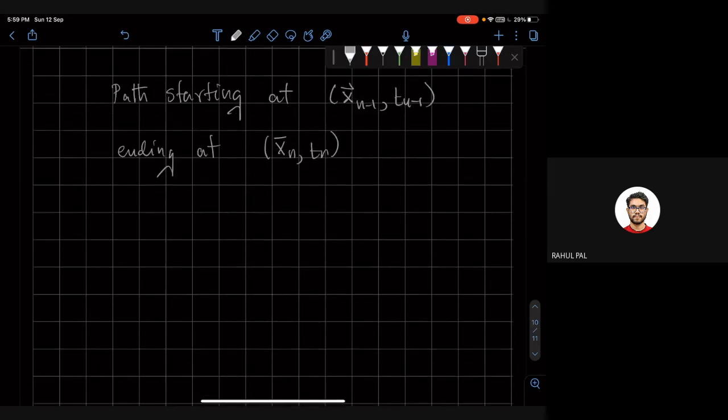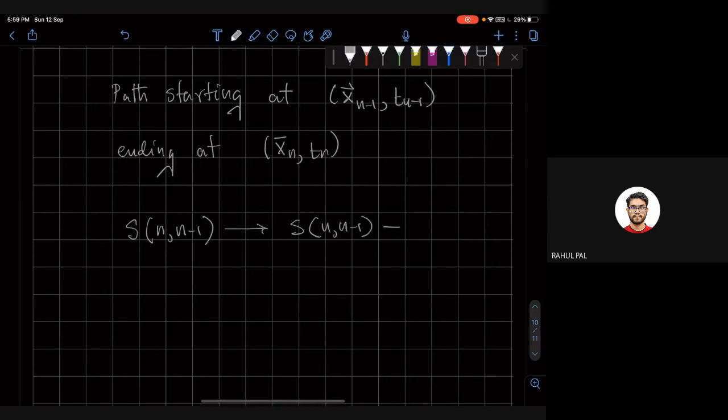So when we turn on the magnetic field, the action associated with this path, let's call the action S_{n,n-1}, changes, right? Because the Lagrangian changes, so we are adding a term. So now the new action is the original action plus the new term.